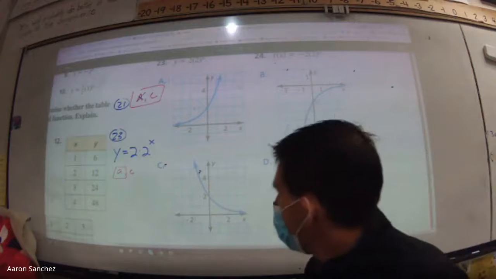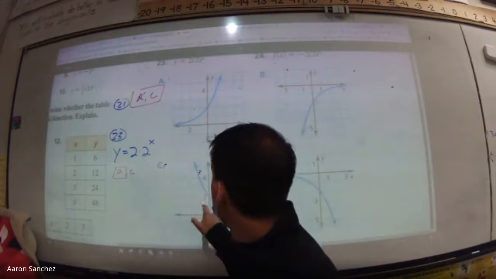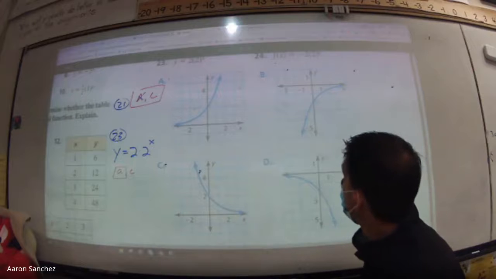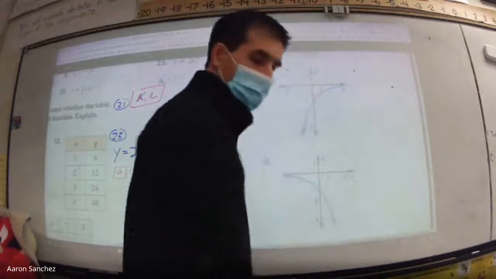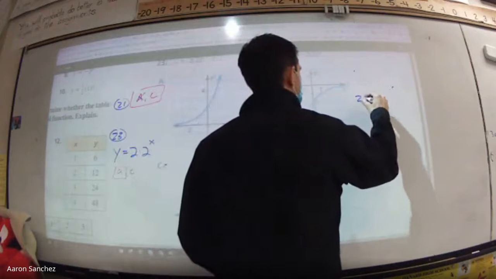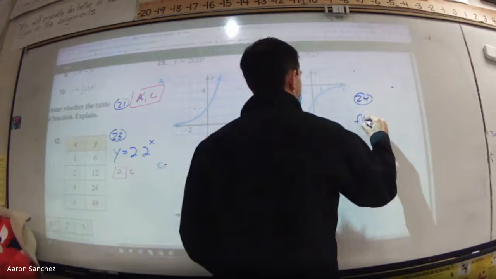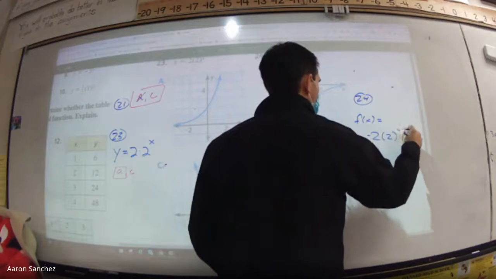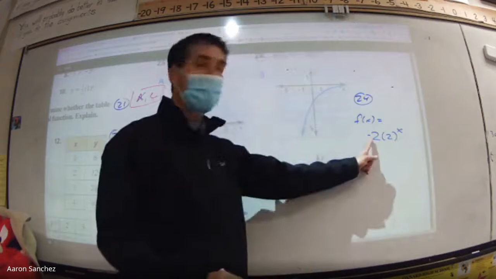You got to make sure that, hey, it crosses at 2. And let's just for the fun of it, let's look at 24 so we can see something different. 24 is f of x is equal to negative 2 times 2 raised to the x. So what's the y-intercept, right?